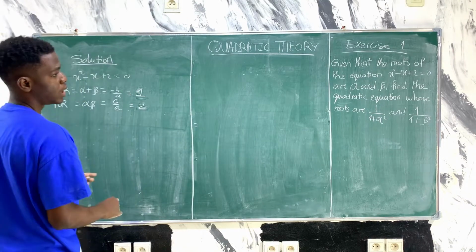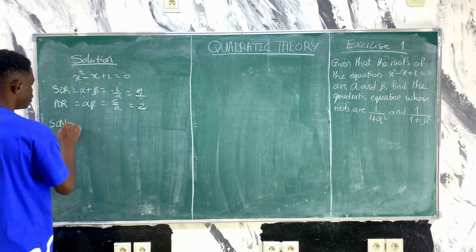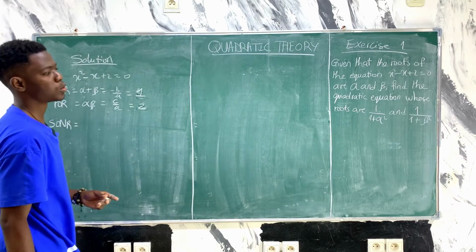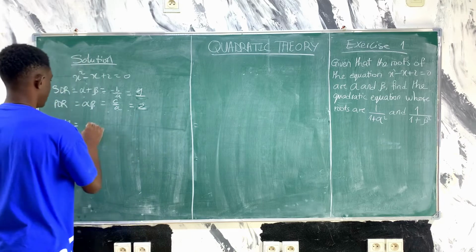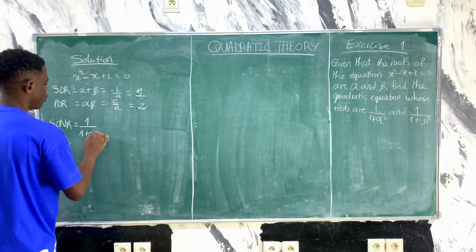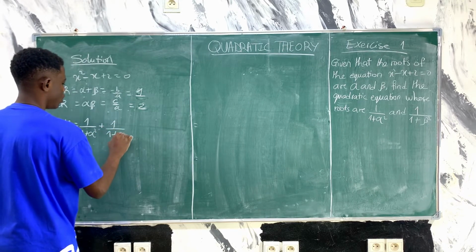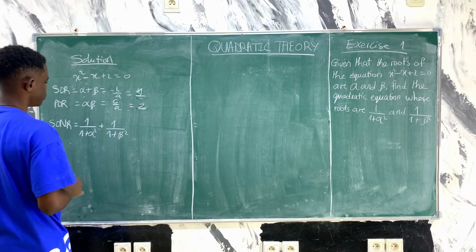So let's do the new roots. Sum of new roots is equal to 1 on 1 plus alpha squared plus 1 on 1 plus beta squared.